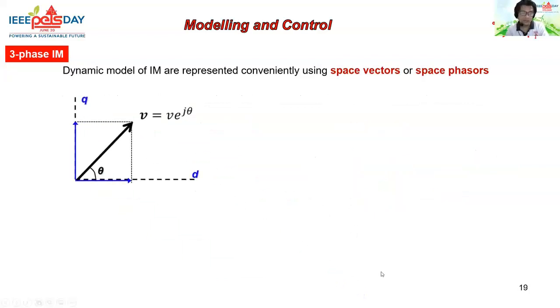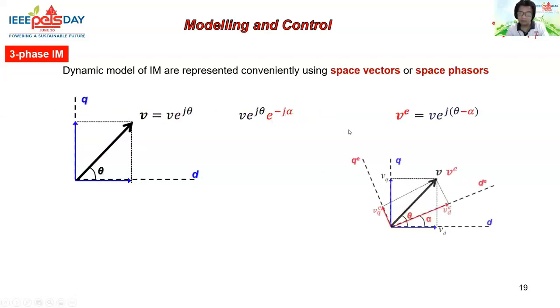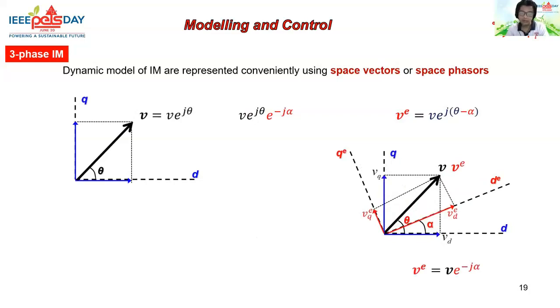Now, if this vector is multiplied by what we call the vector rotator, which is e to the power of minus j theta, you are basically introducing another coordinate system here, which rotates at a speed which is determined by the rate of change of that angle alpha there. Okay, for example, if you multiply that, then you will get these equations here, which means that if you draw the vector here, then you can see that there is a new coordinate system which is basically rotating, which is defined by that angle alpha there.